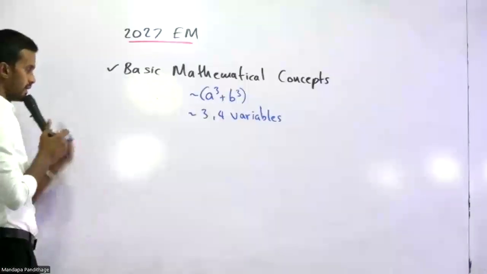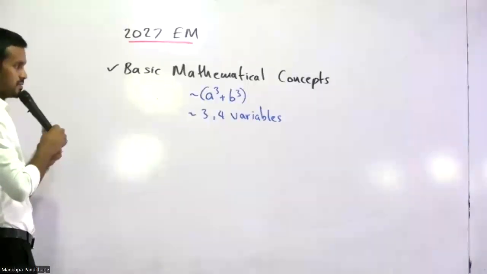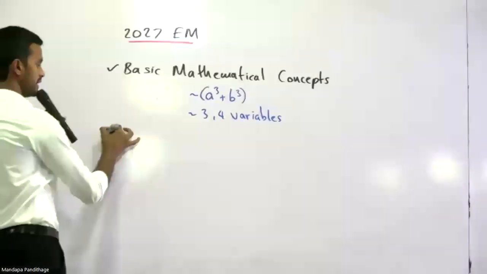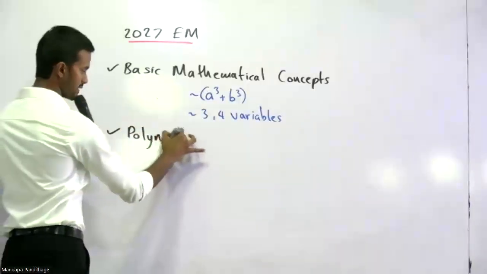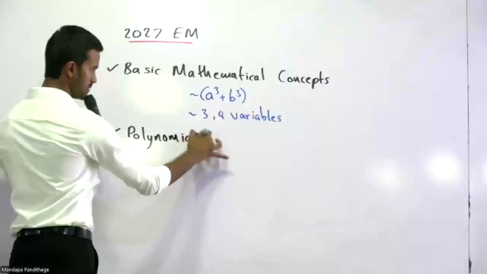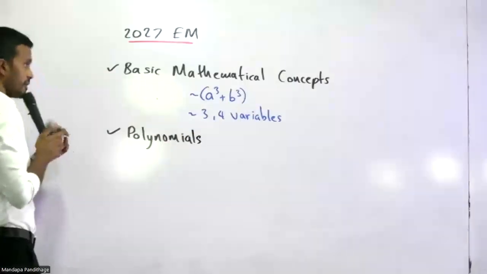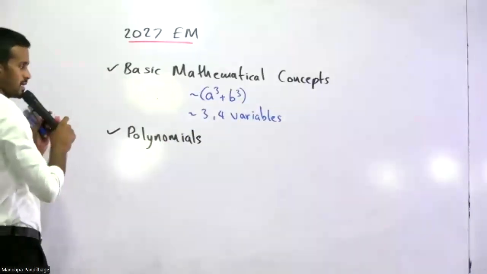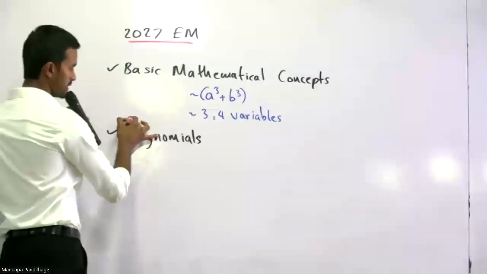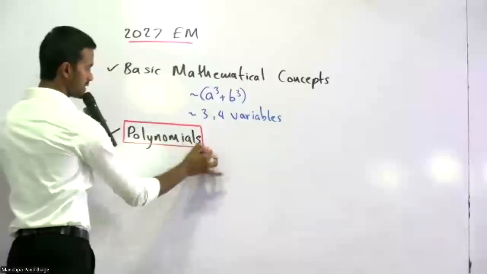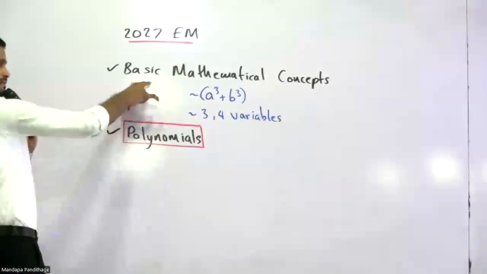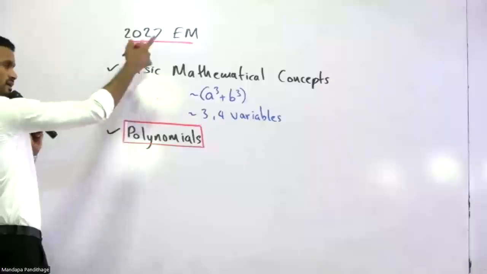And then, the main lesson that we have done so far is polynomials. I'll tell you why I consider this the main lesson. After completing basic mathematical concepts, I directly started polynomials to give you confidence by doing A-level questions. In basic mathematical concepts, you don't have A-level questions.